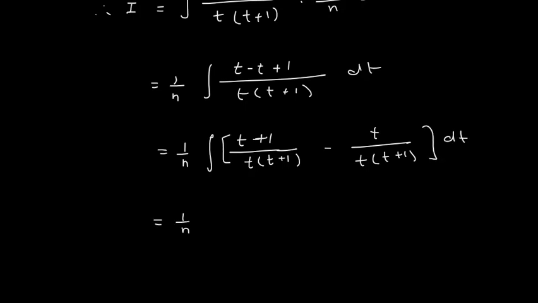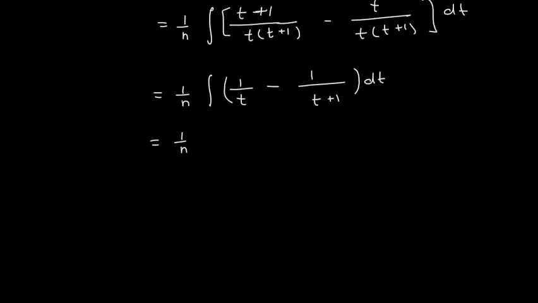Now this t plus 1 and t plus 1 will cancel, and this is integration of 1 divided by t minus, this t and t will cancel, 1 divided by t plus 1, into dt. So this is equal to 1 divided by n.